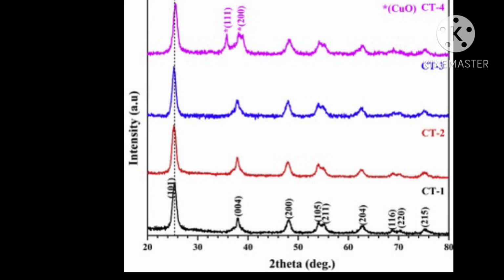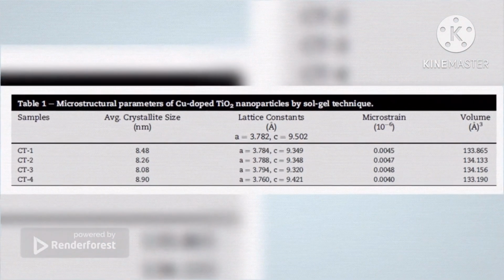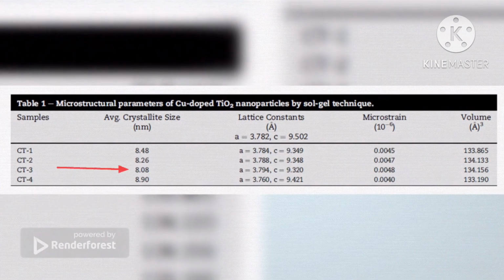The absence of impurity peaks in the diffraction patterns of CT1 to CT3 indicates the occupancy of copper ions in the Ti sites of the titanium dioxide lattice. Two additional 111 and 200 planes in sample CT4 indicate the formation of copper oxide, maybe due to the higher concentration of copper. Crystallite size for CT3 is the smallest.